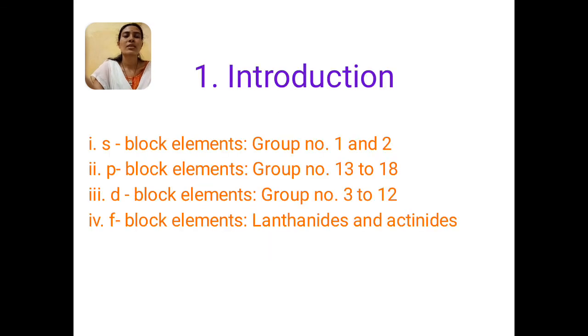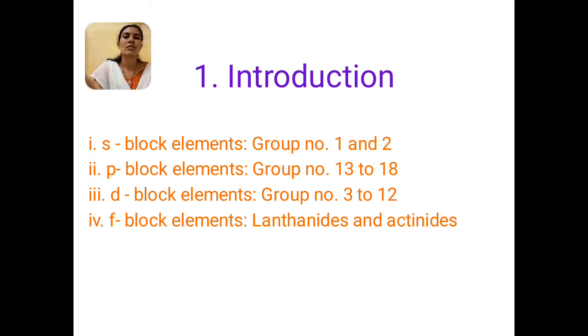We start with introduction part. In the periodic table, total 4 blocks are present, namely S block, P block, D block and F block. S block consists of two groups, group 1 and group 2. P block consists of 6 groups, group 13 to group 18.